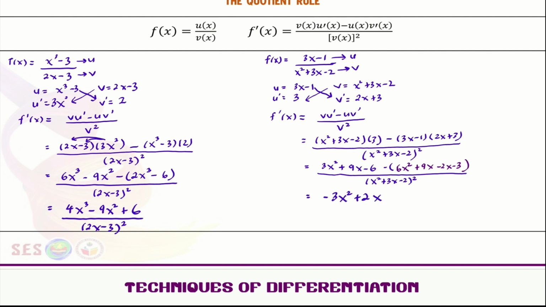And we also have negative 6 plus 3, which equals negative 3. And this is divided by (x squared plus 3x minus 2) squared.